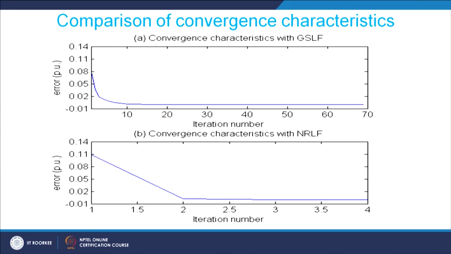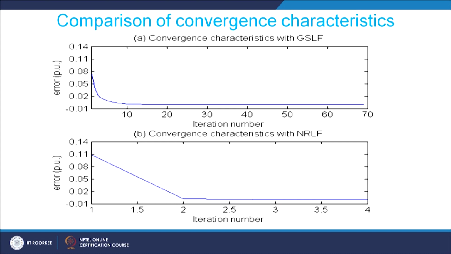So, let us look at the comparison of convergence characteristics. With GSLF the convergence characteristic is very slow, it takes roughly about 69 iterations. On the other hand, in the case of NRLF, the convergence is very fast, it hardly takes 4 iterations.